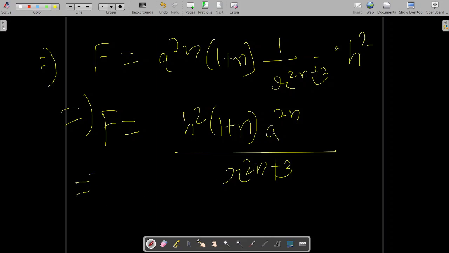That implies that f is inversely proportional to r to the power 2n plus 3.